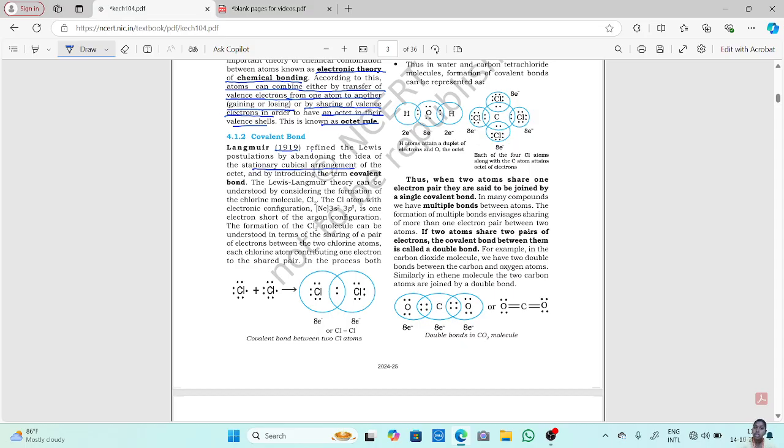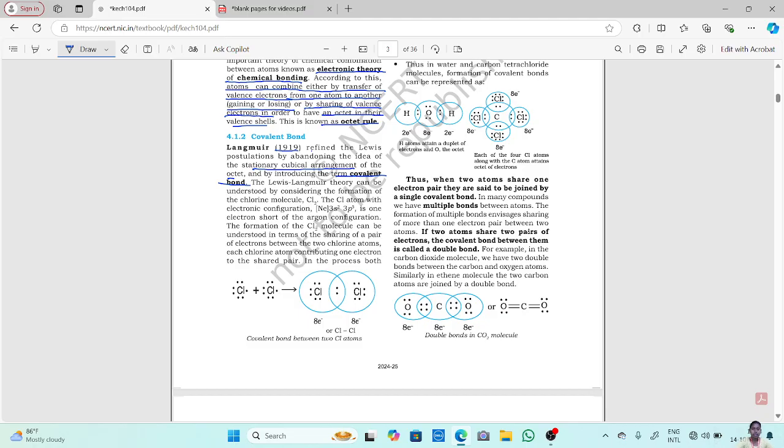He said the arrangement of electrons of the octet is not like a cubical form, and he introduced another term called covalent bond.